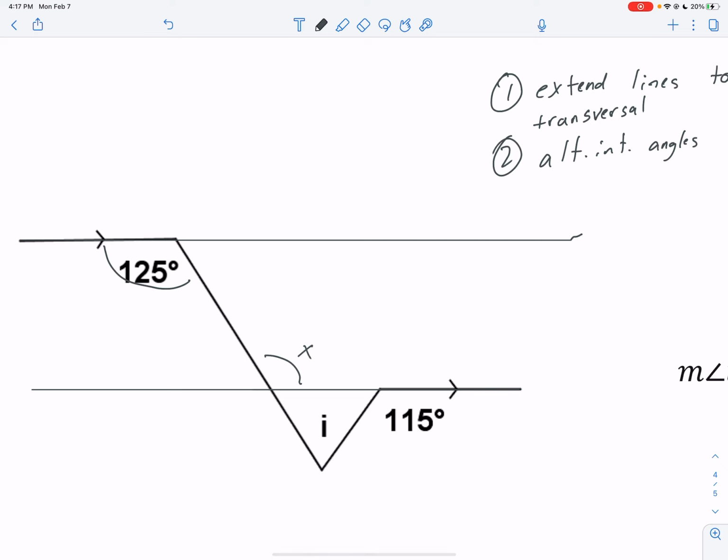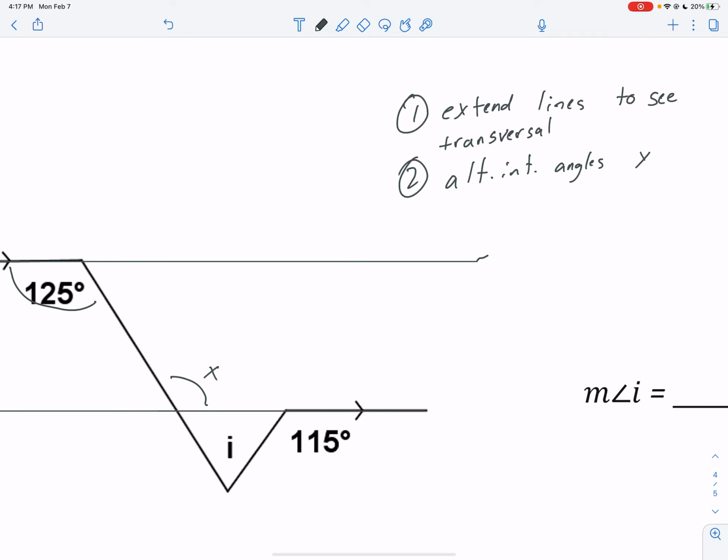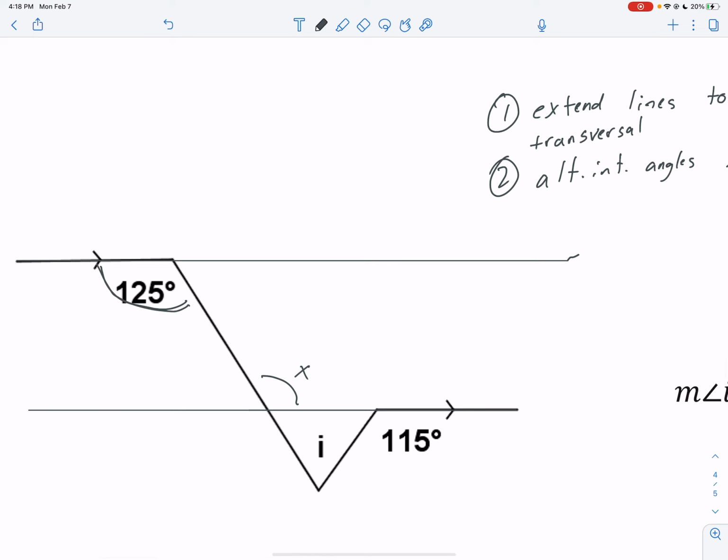So let's just call this x. X is equal to 125 because of this right there. And then I can find this whole thing right here with a linear pair.